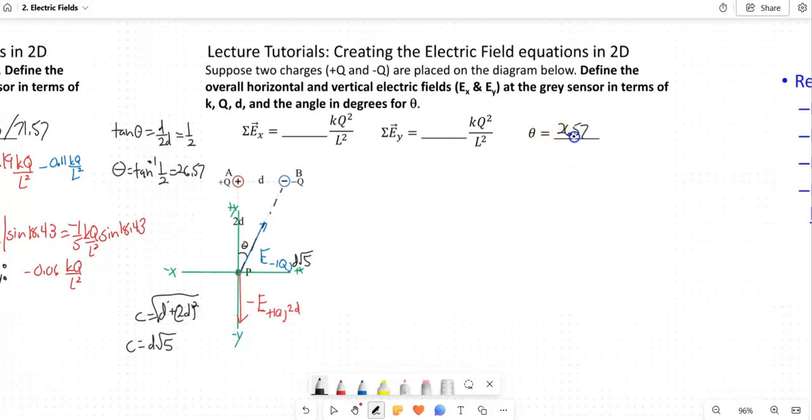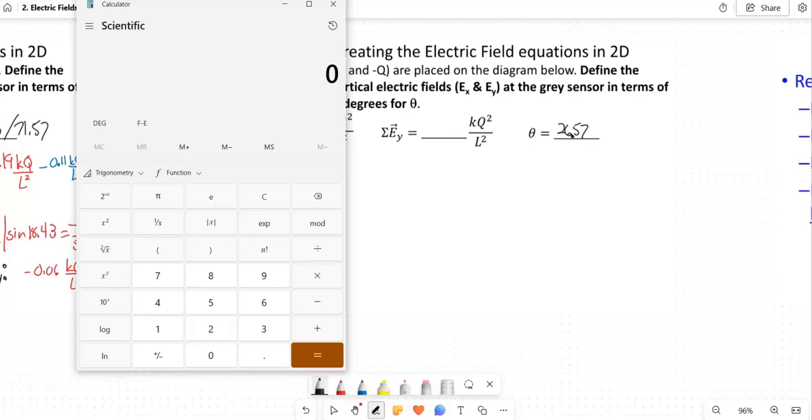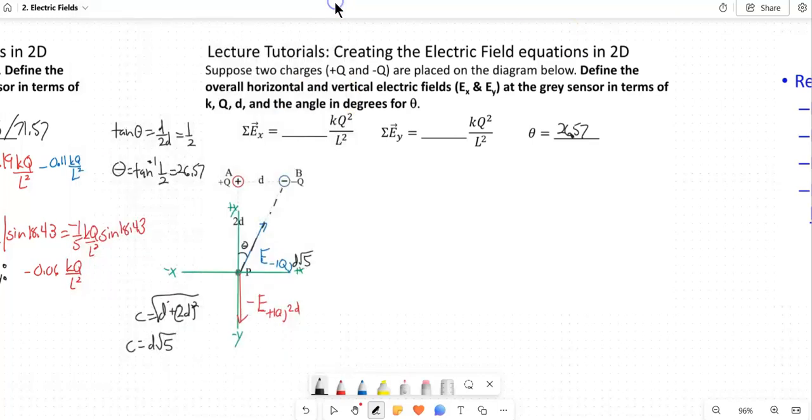Now in this problem, I don't recommend using an alternate angle, but it is conceivable that you can do that. Minus 90, 63.43. So use one of those two angles, likely 26.57. So let's go ahead and replace that with 26.57.